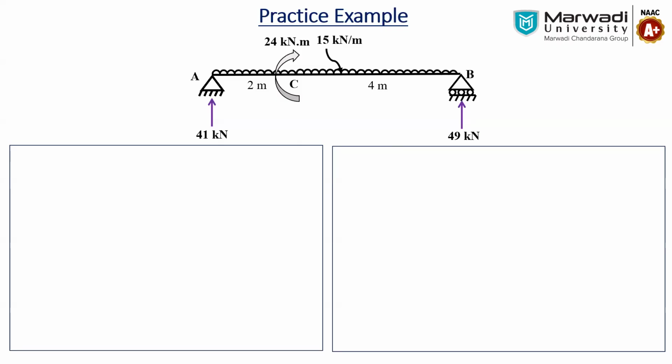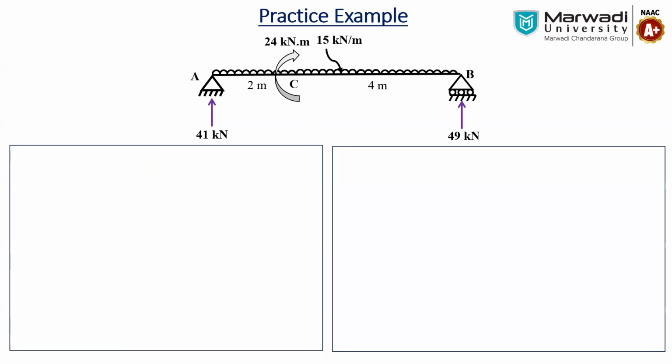If the equation of Mx is correct, the rest of the things are just mechanical calculation. So let me focus on the equation of Mx. We have to consider the different sections, wherever there is a change in the loading, and at that point we have to consider a new section.